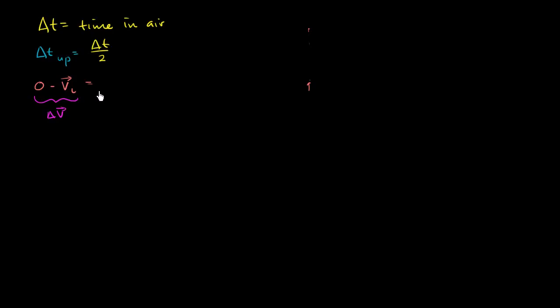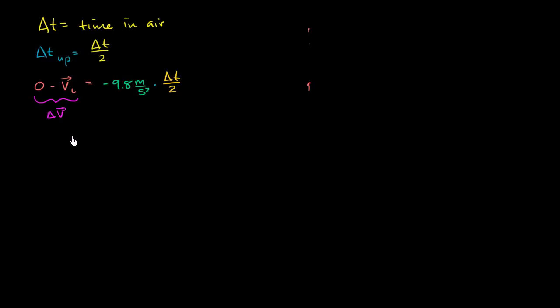Is going to be equal to the acceleration of gravity, negative 9.8 meters per second squared, or the acceleration due to gravity when an object is in free fall, to be technically correct, times the time that we are going up. So times delta t up, which is the same thing as our total time in the air divided by 2.